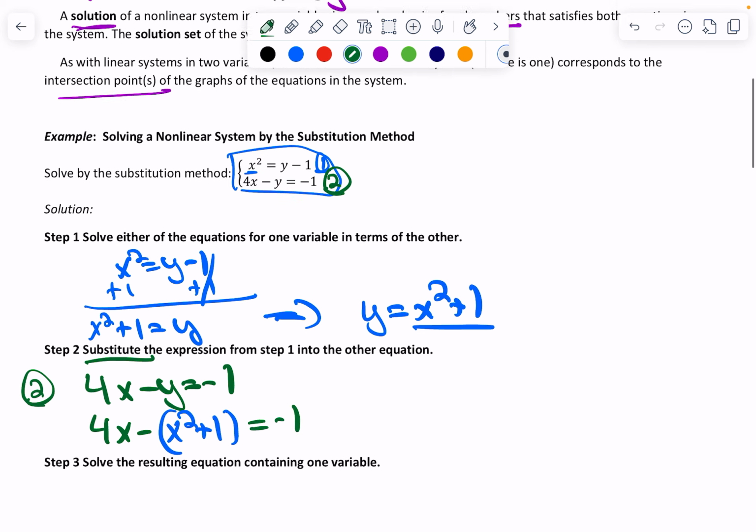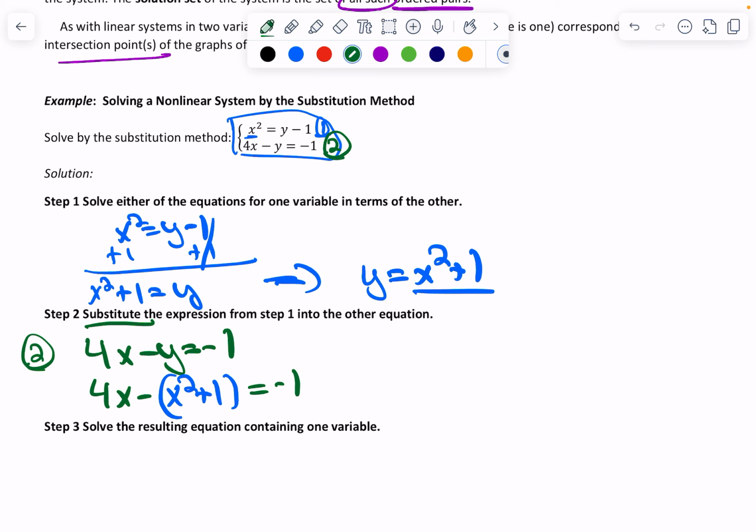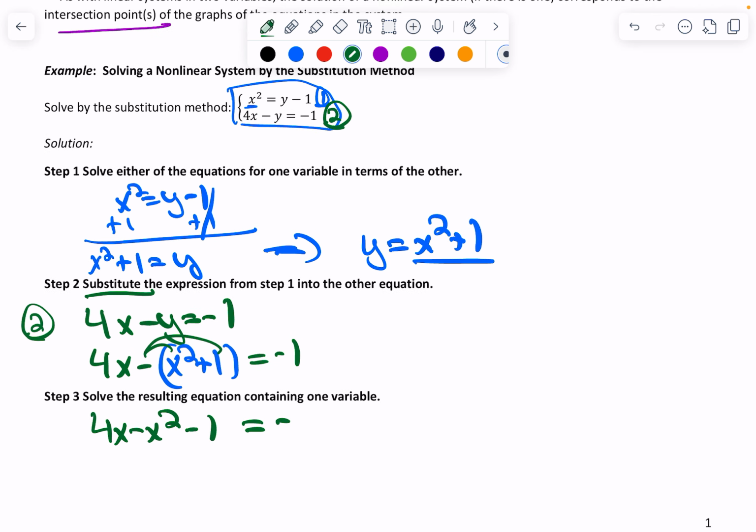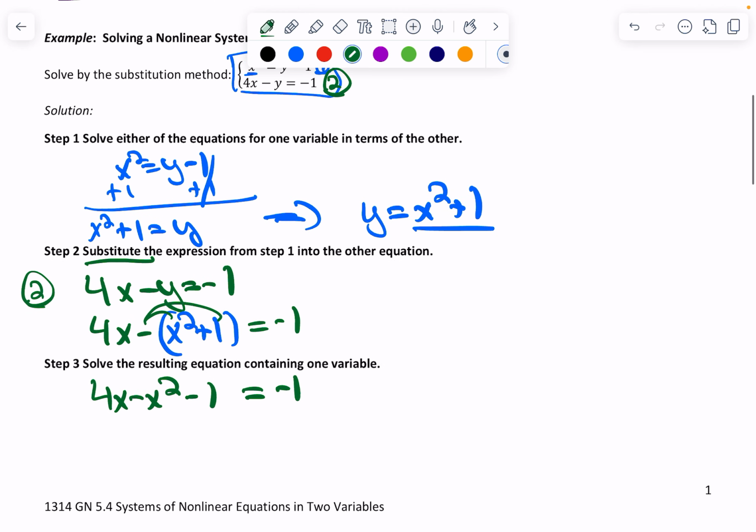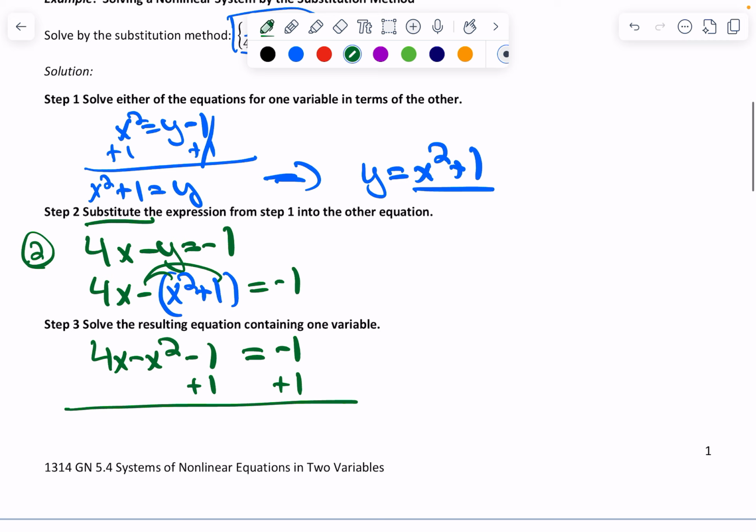Next, we're going to solve the resulting equation containing one variable. So this one with the x. So we're distributing the negative. So 4x minus x squared minus 1 equals -1. We want to add 1 to both sides so that we're moving the one from the right to the left. Well, they actually cancel each other out. So we get 4x minus x squared equals 0.